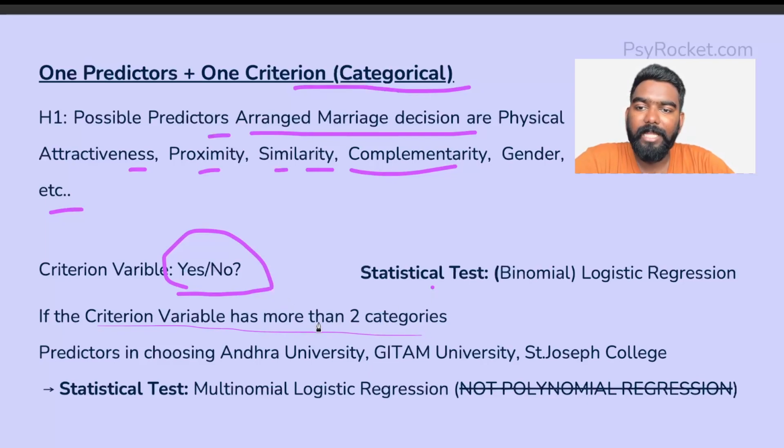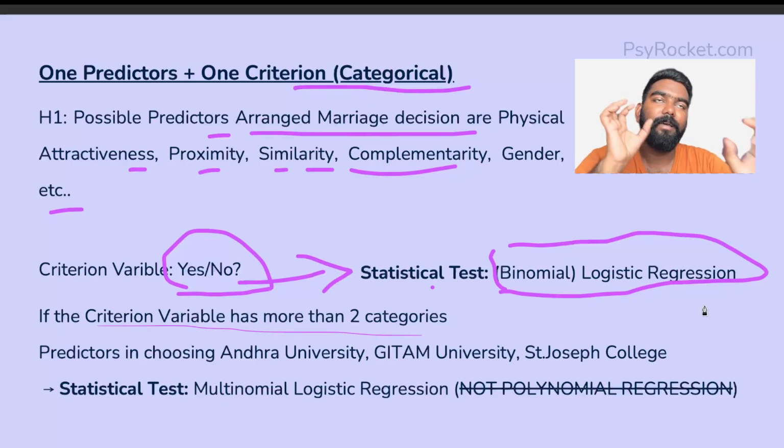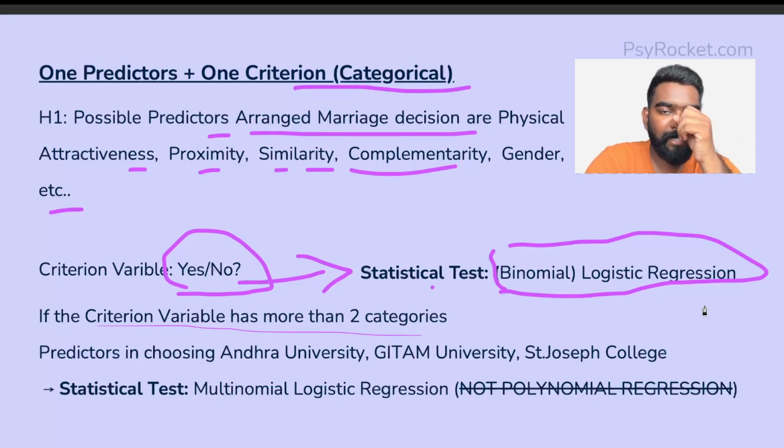When the criterion variable has just two categories, we will use binomial logistic regression, and usually it is called just logistic regression. The short form for binomial logistic regression is just logistic regression. Whenever they mention logistic regression in research papers, you must know that it is just binomial, which means the criterion variable has only two categories: yes or no, heads or tails, employment or unemployment, pass or fail.